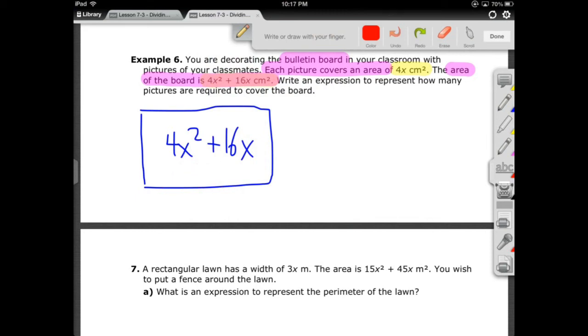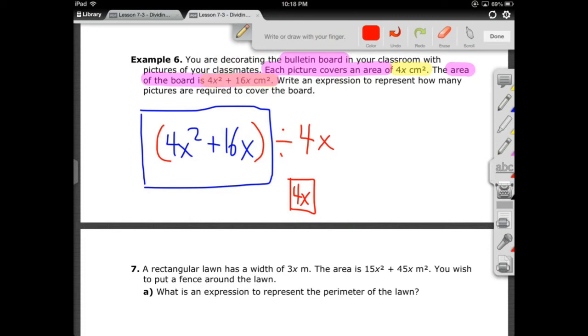So if we're going to divide the area up by these little pictures, then what we have is one of the sides, which we'll represent with 4x. So essentially, let's show it like this. We're going to divide up this area by all of the little pictures whose area, so that little picture, is 4x. So how many of the little ones can make up the big one?